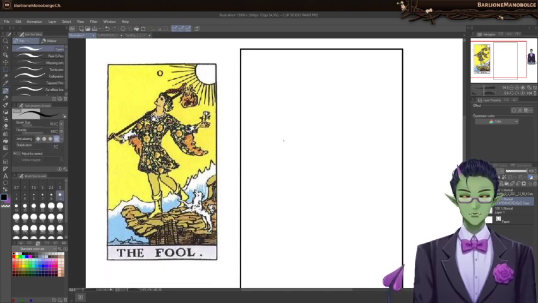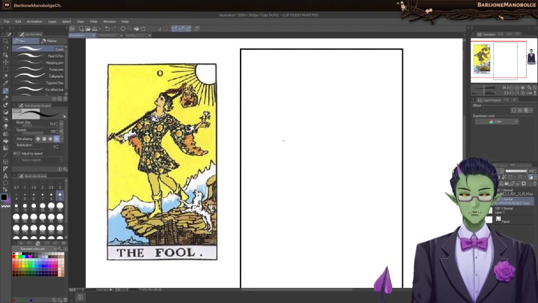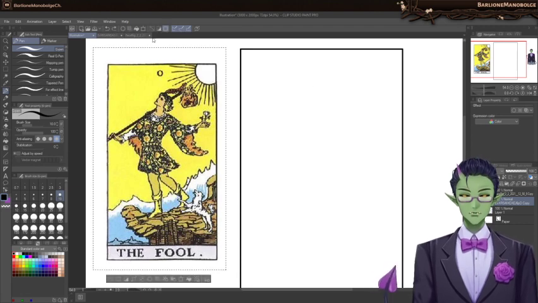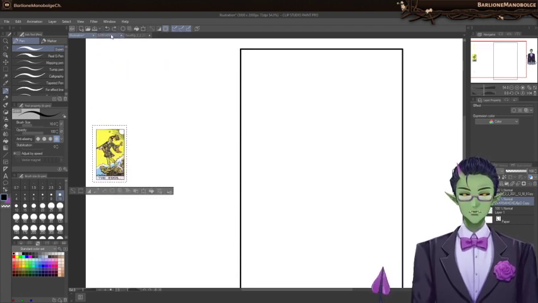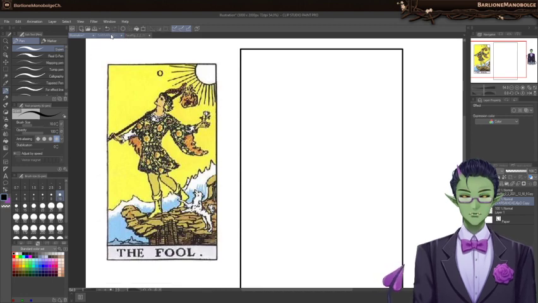I will be copying the pose fairly closely. I don't think there's too much necessary deviation. I'm not creating original art, and the poses that the characters of the tarot cards are in is fairly specific. Accidentally rested on some buttons.